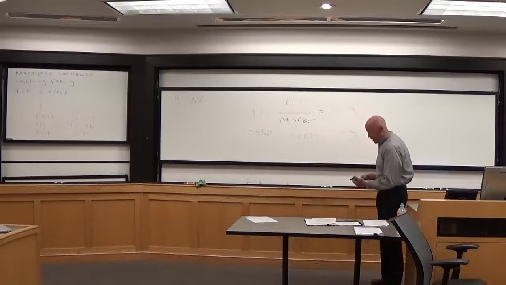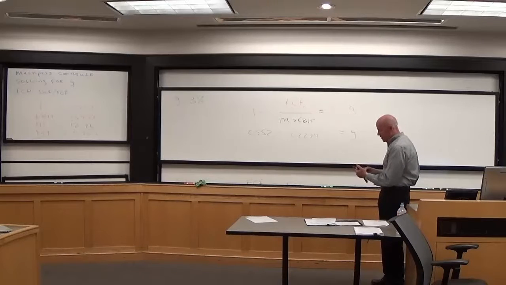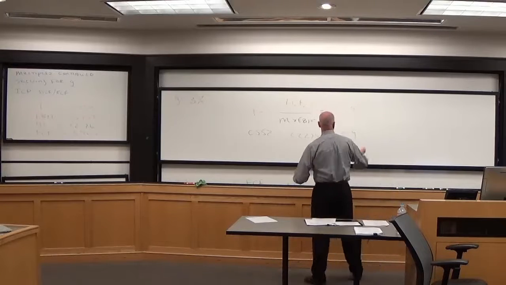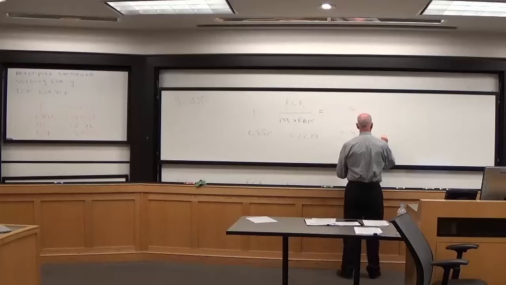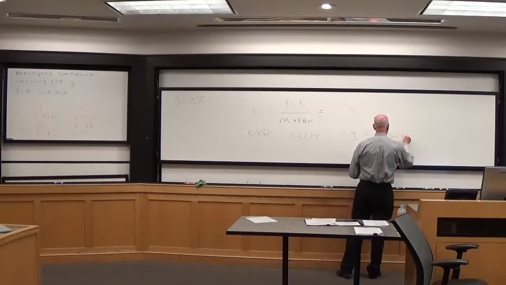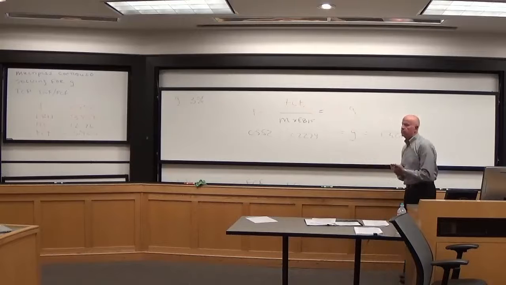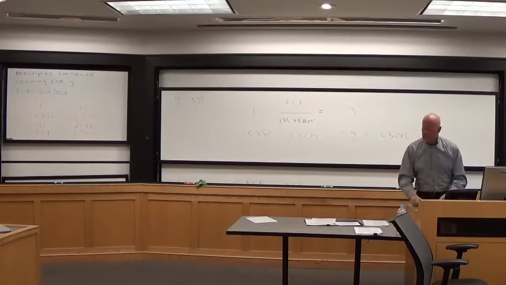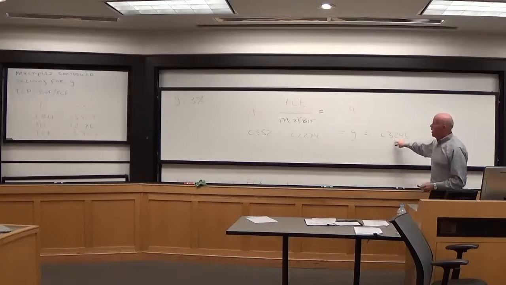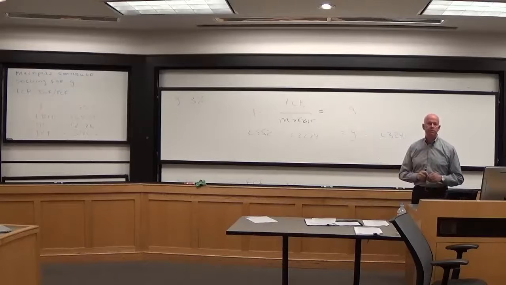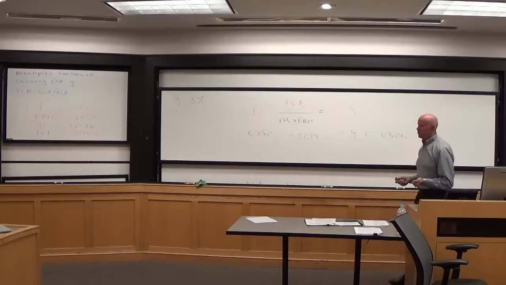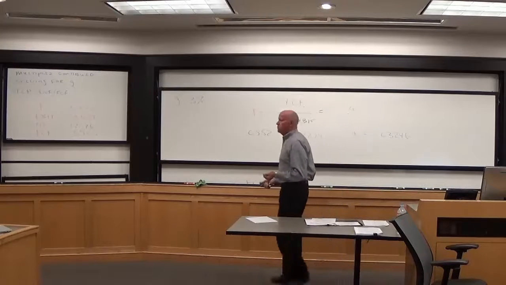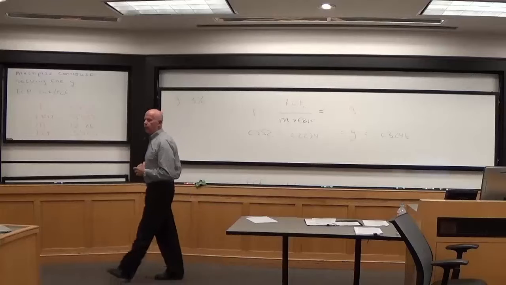And if I now subtract that from 0.0552, I end up with 0.03246. That's not 3%. It's a different number. Does that surprise you? Is it a problem? What do you think? How do we reconcile this?